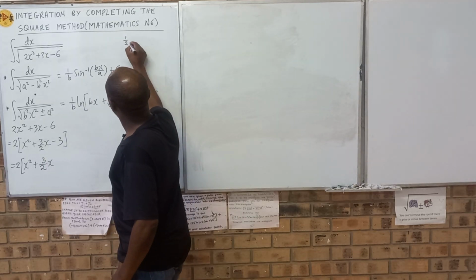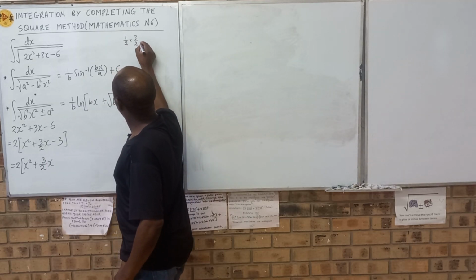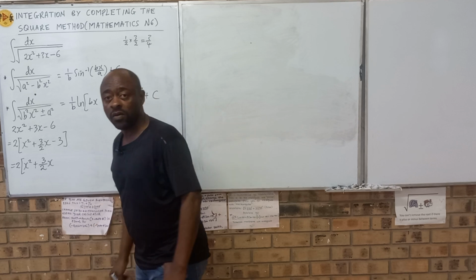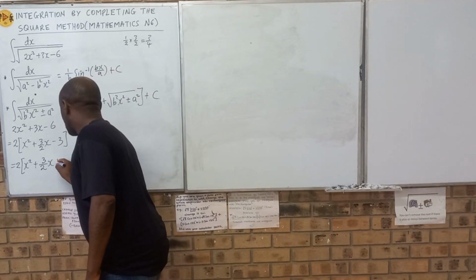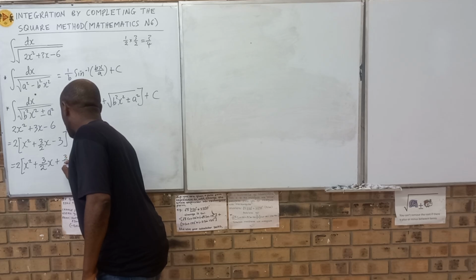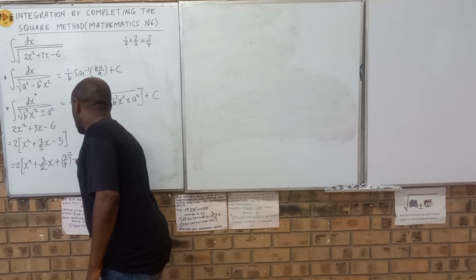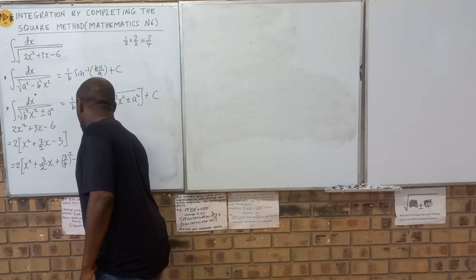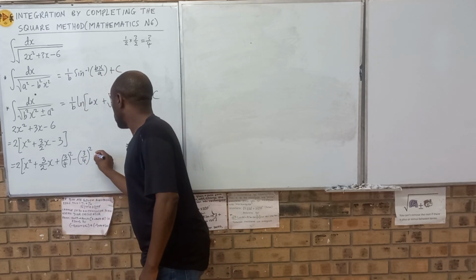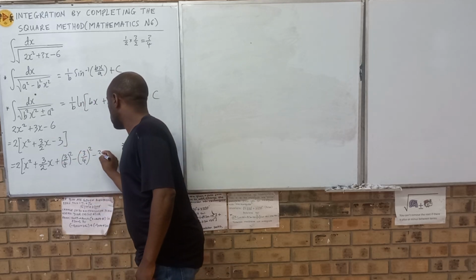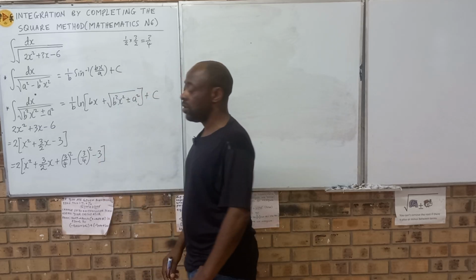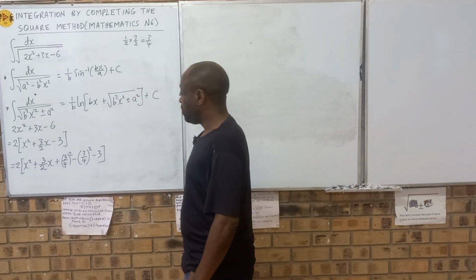Half of it means you multiply that number by a half. That gives us 3 over 4. You then square that 3 over 4, add it, and then you subtract it, before you write the constant term, negative 3. That way you say you've completed the square.